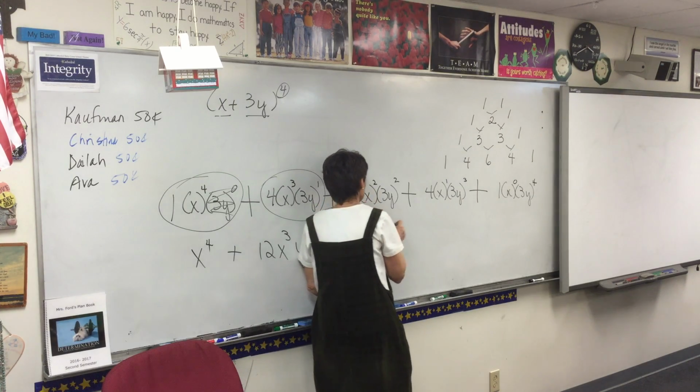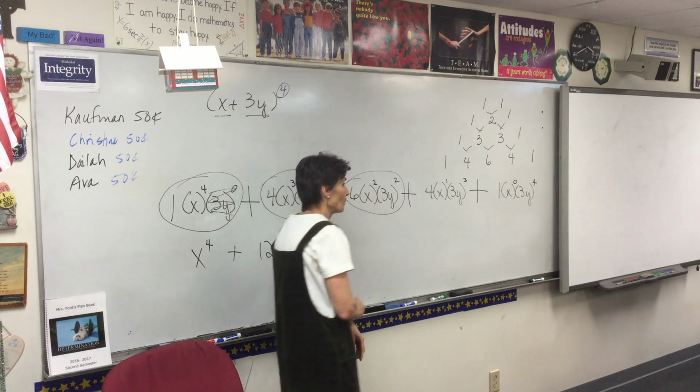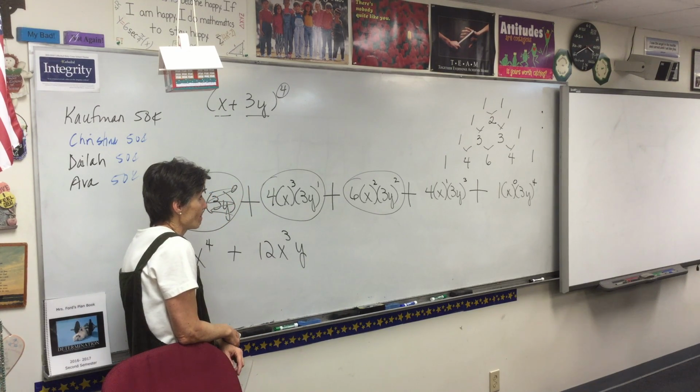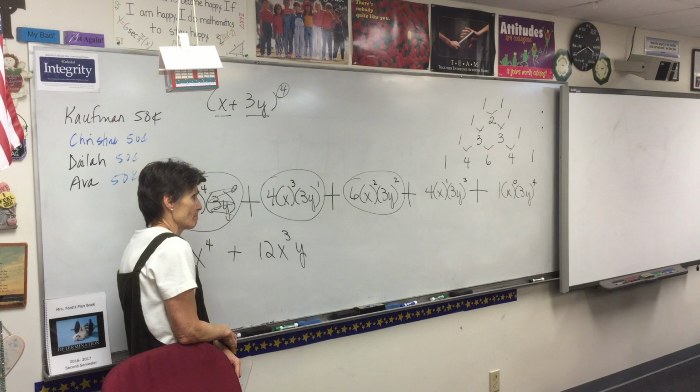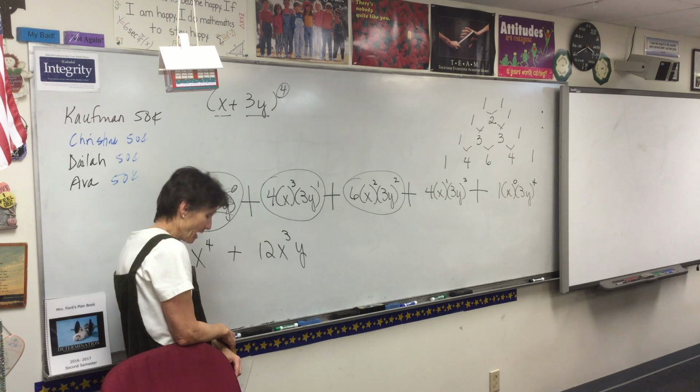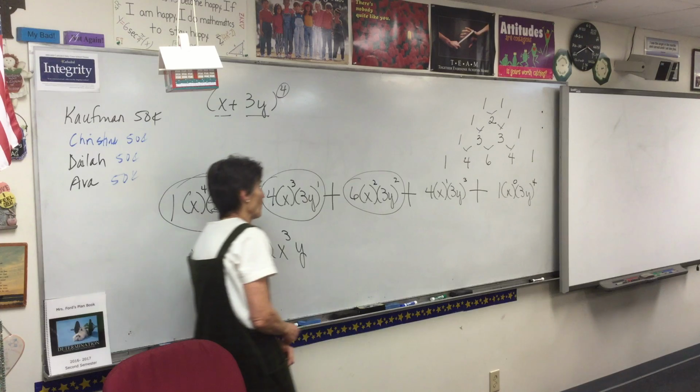Everything here is multiplied. Watch it. 18 x squared y squared, 24. I heard somebody said it finally. 54.